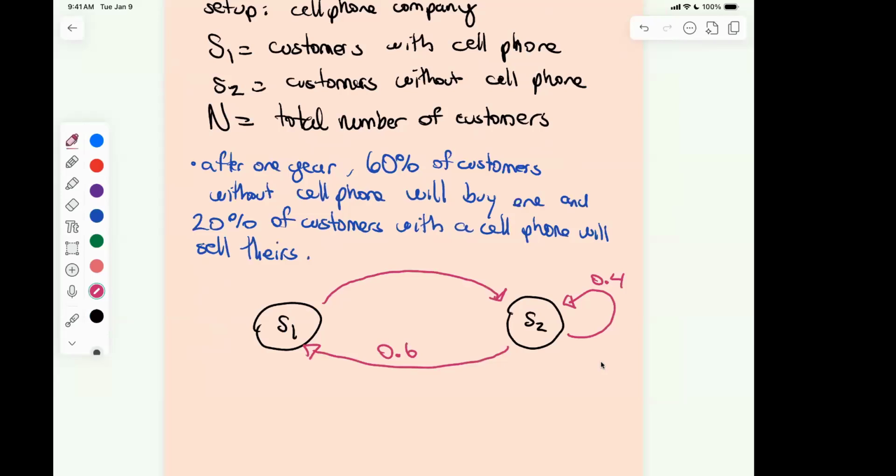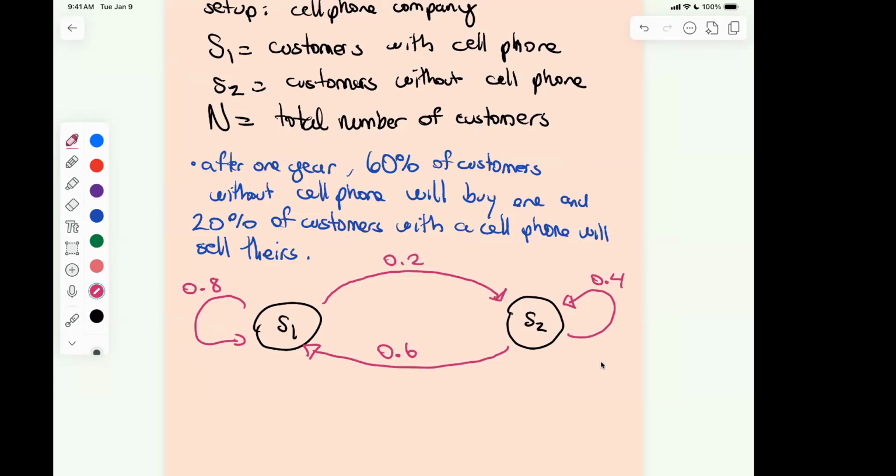So again, 20% is 0.2 if you look at it as a probability. And that means that 80% stick with their cell phone, right? So 0.8 represents the number of people that continue to have a cell phone.